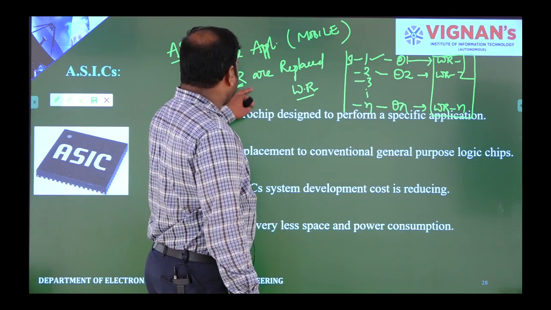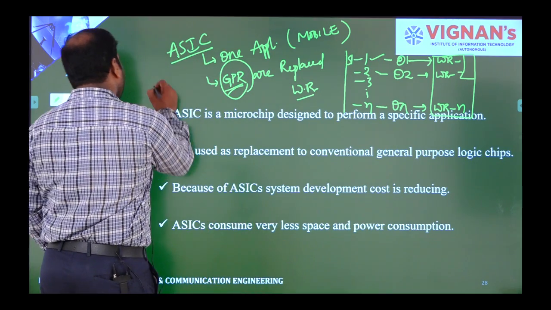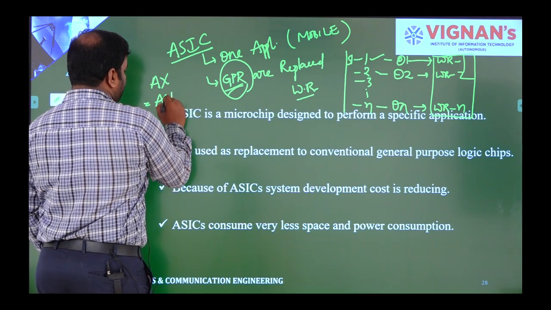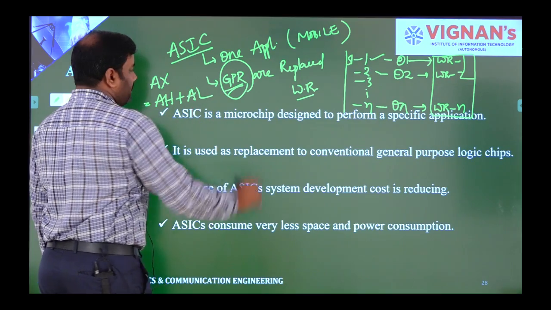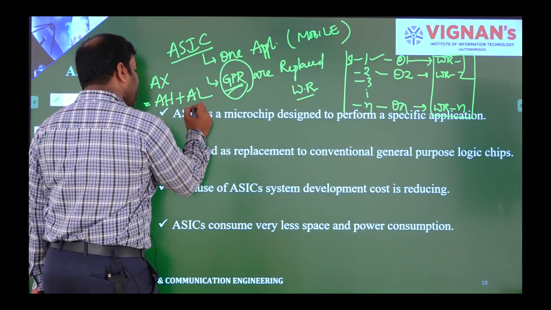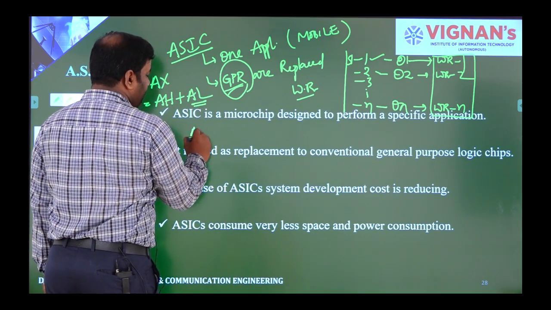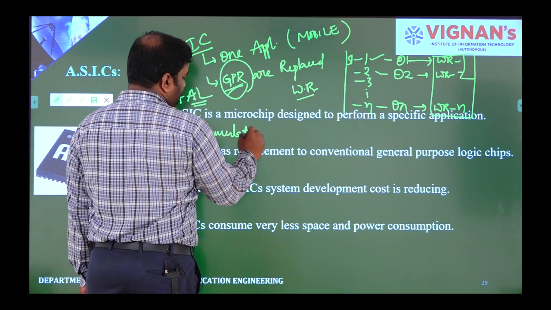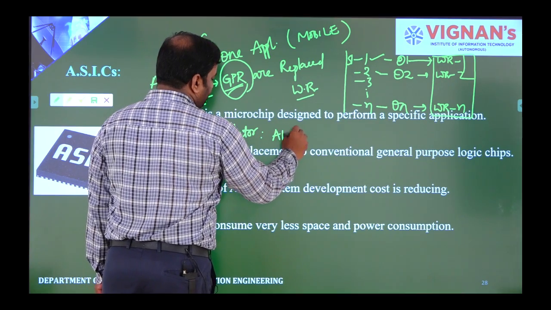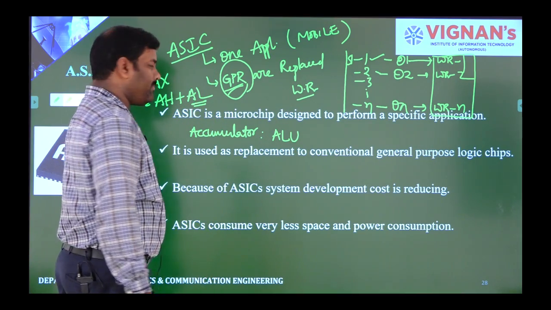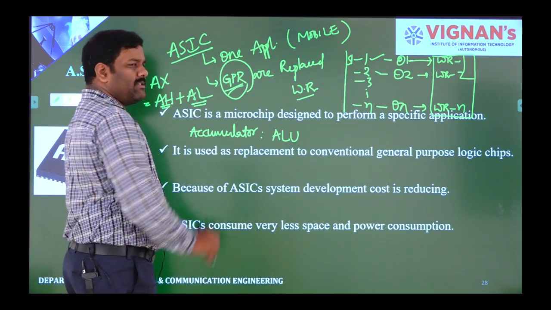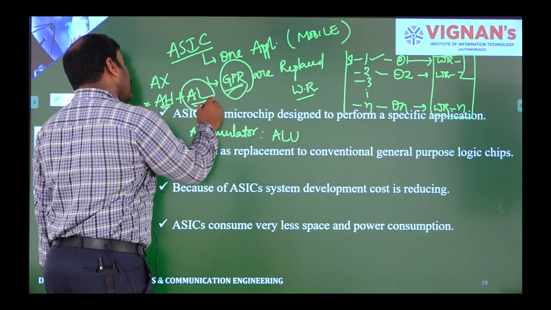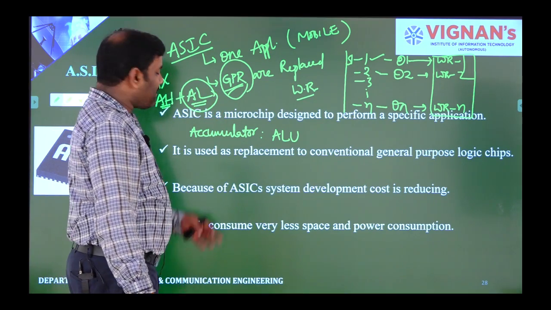Means if it is a GPR, I have AX. It is a combination of higher and lower parts. Everyone knows AL is the accumulator, which is used to perform all arithmetic and logical operations. AH is a storage register; AL cannot store anything. Only the storage part comes from AH.